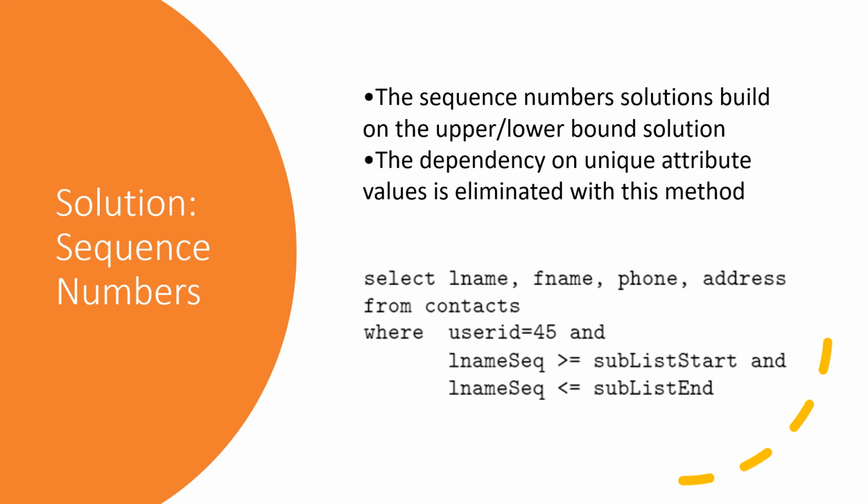Indexing of the sequence numbers improves the subset retrieval and avoids sorting of the subset. The algorithm can be seen below. The variable lnamesec is a sequence number for the list sorted by last name and seen in variable lname. Performance gains for the sequence number solution are even greater than for that of the upper bound solution.